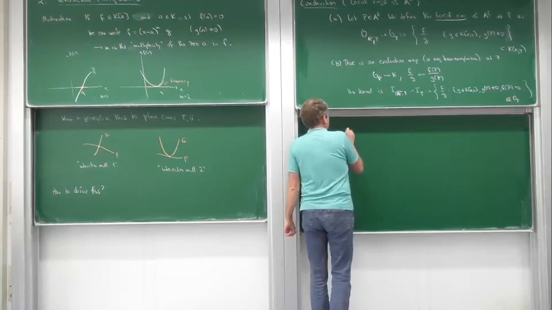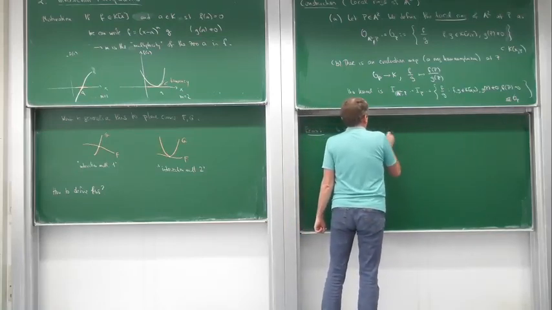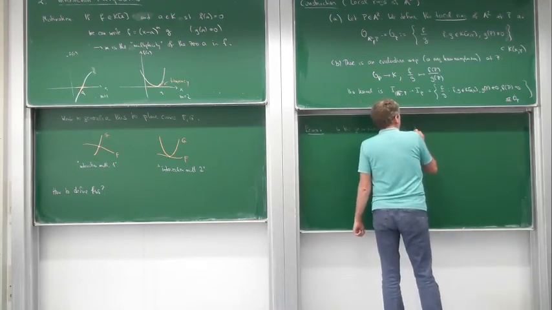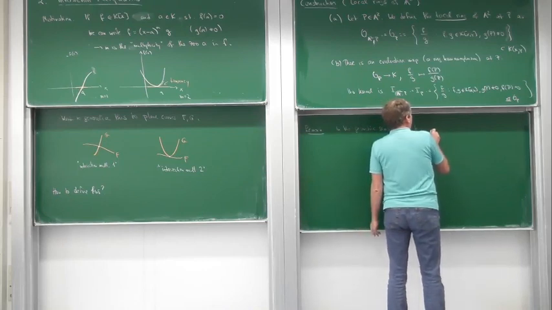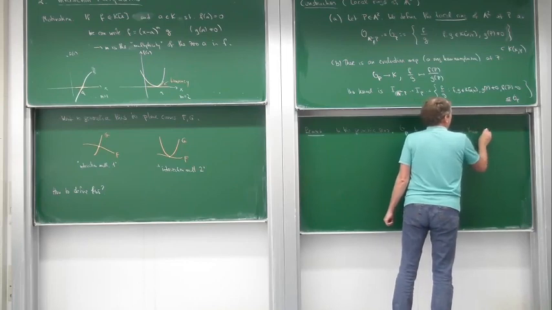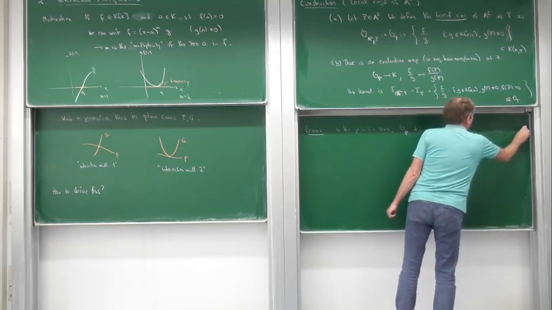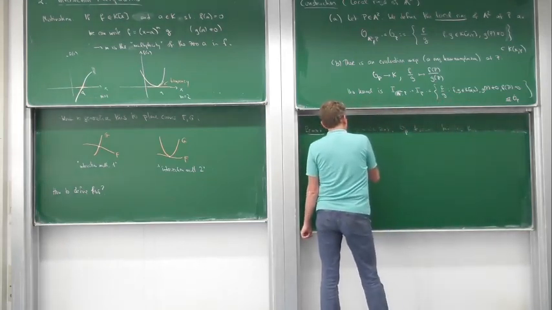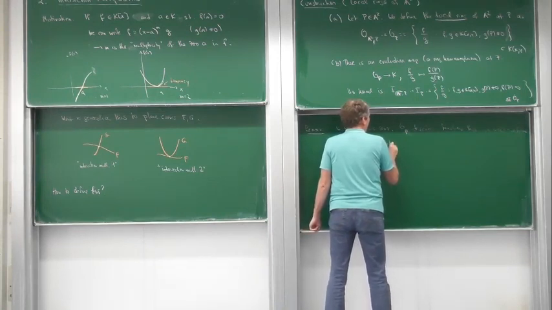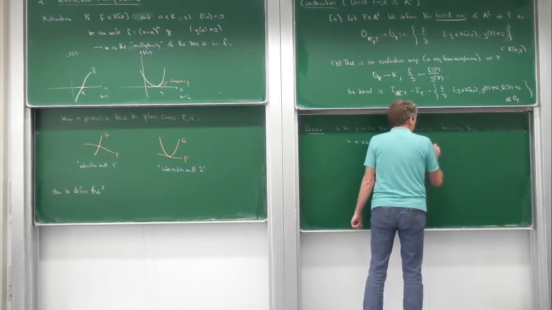So in the geometric sense, this ring OP describes functions that are well defined in a neighborhood of P. And that's why we call it geometrically a local ring.